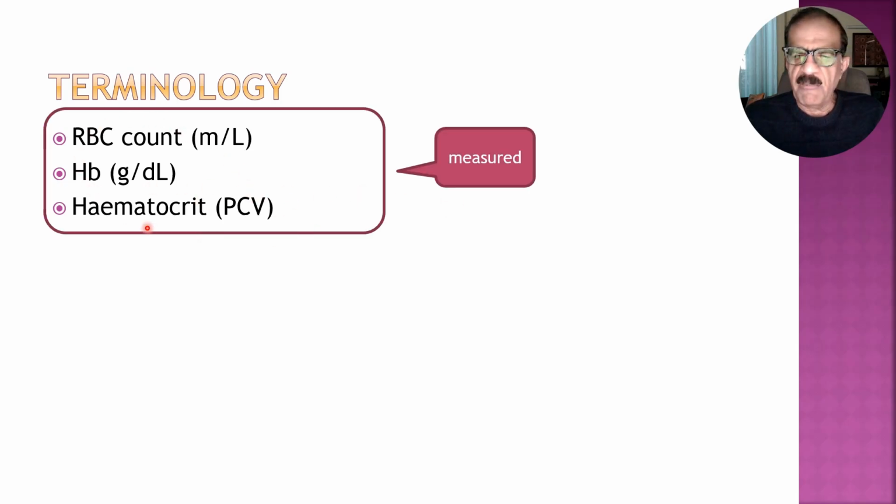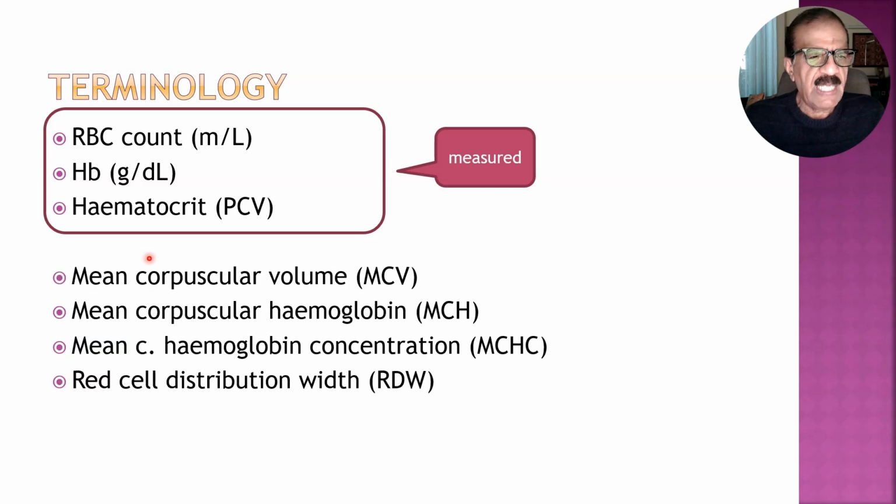These 3 parameters are measured by the machine directly, and then these are calculated. There are formulae. I will not go into the details. They're very simple. Mean corpuscular volume. Since this is the volume, the PCV divided by the number of RBCs would give you MCV.